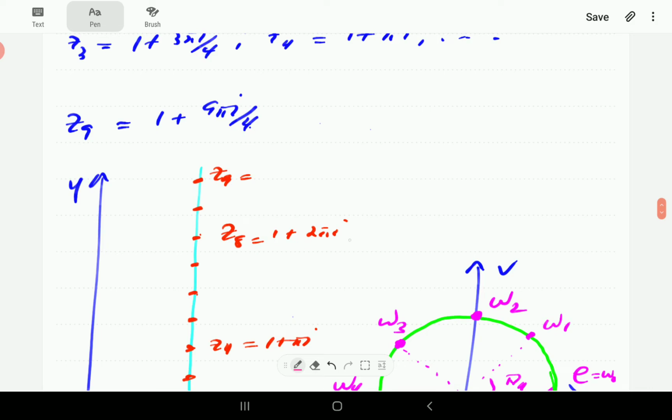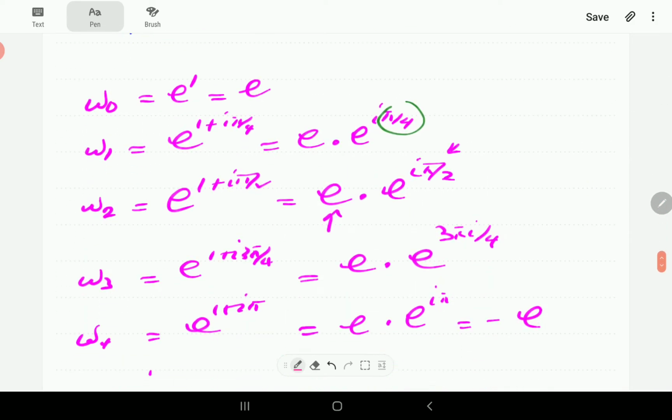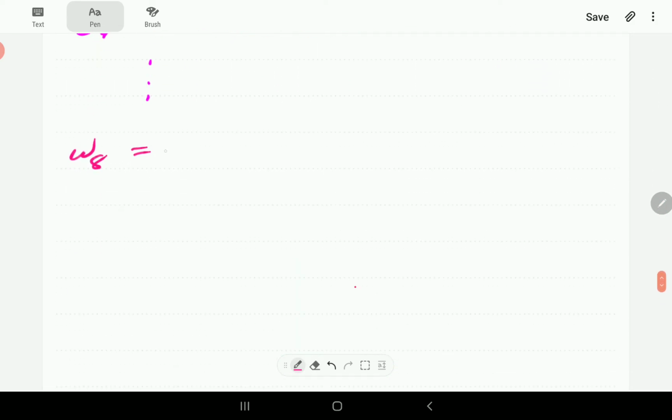Okay, yeah, we noted it here. So that's the image of z8, e to the power 1 plus 2 pi i. This is e times e to the 2 pi i.